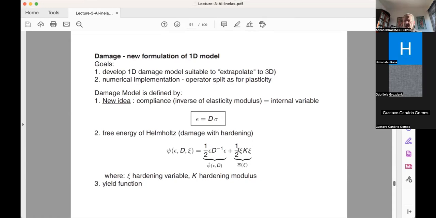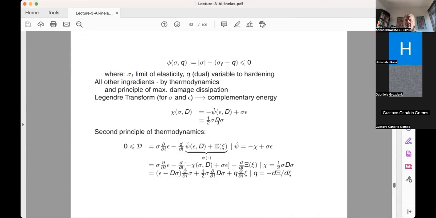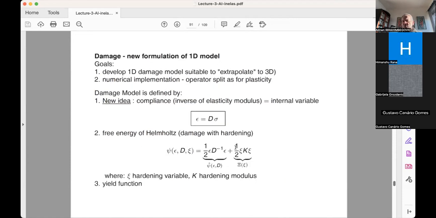And I can take the same isotropic constant linear hardening with the constant value of the hardening modulus K. Then finally there is the yield function, which I can also call the fracture criterion, which is the absolute value of sigma minus sigma f, let's say a limit of elasticity, now in terms of fracture, minus q. Q being the conjugate variable to psi, which is obviously computed as minus K times psi. So everything is fixed there.